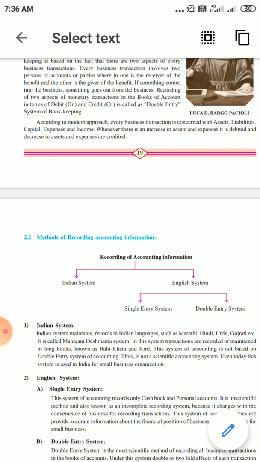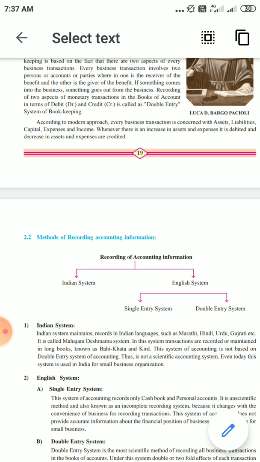How are records maintained in accounts in India? The Indian system is recording the business transactions in your own language, that is, it can be in any Indian language, it can be in Marathi, Urdu, Hindi, Gujarati, Tamil, Kannada. So whatever language you all speak, the businessman speaks, he will maintain the record in his own language. This is also known as the Mahajani or Deshinama system.